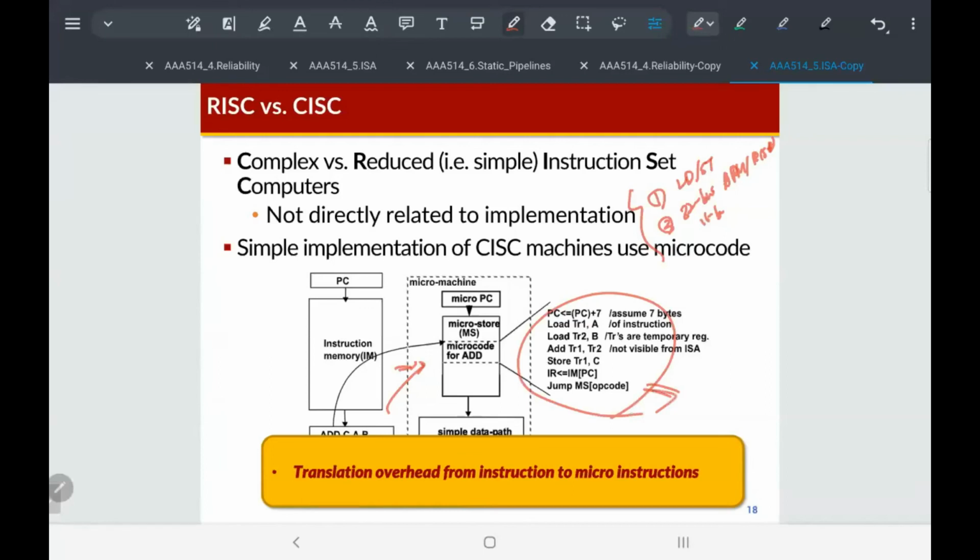Due to this micro machine, the inside of this CISC type processor is very similar to the microarchitecture of a RISC type ISA.